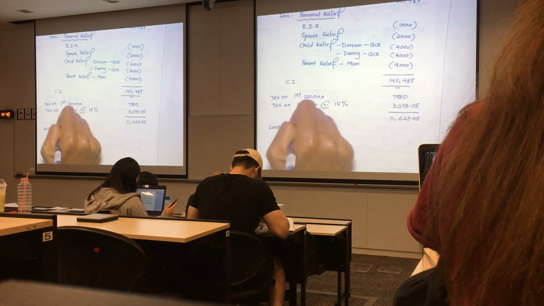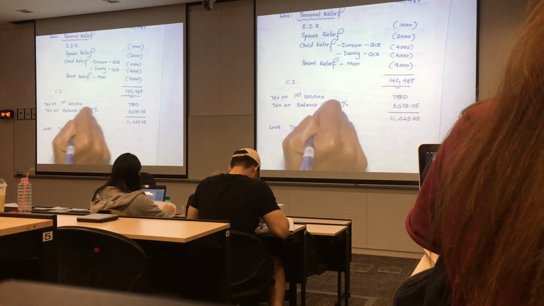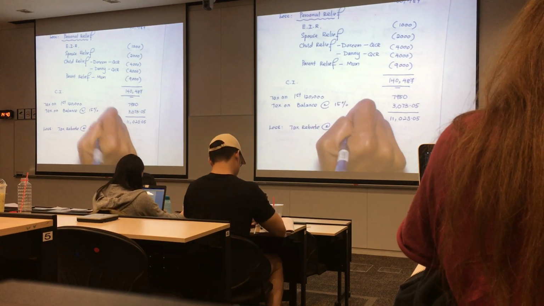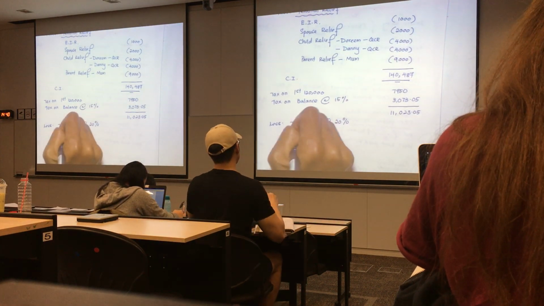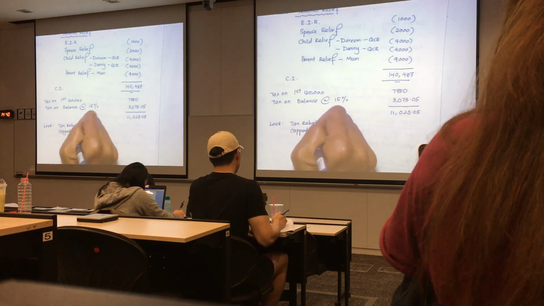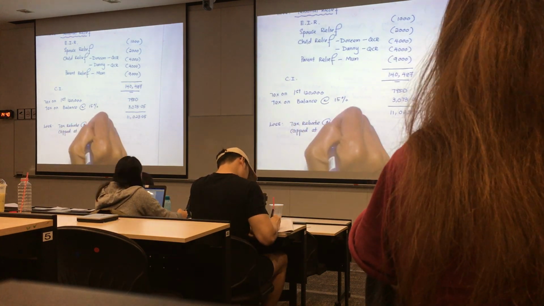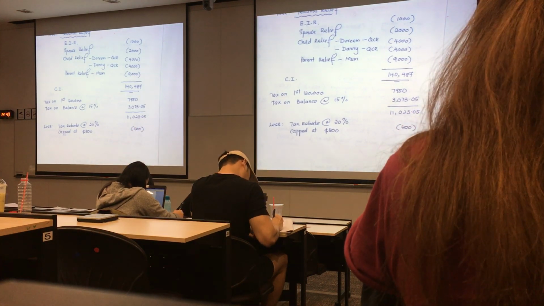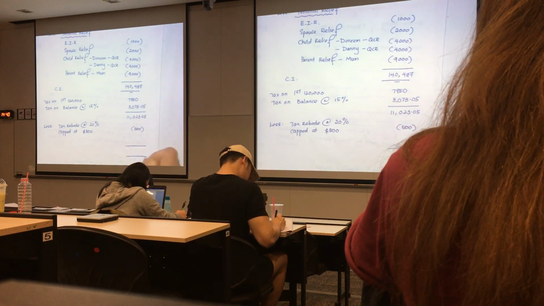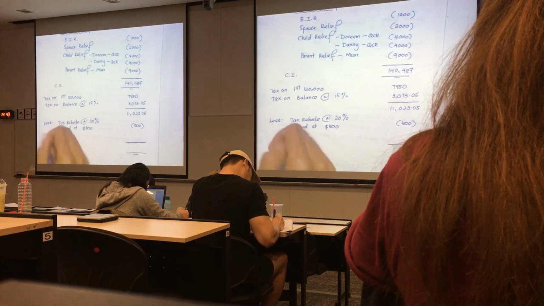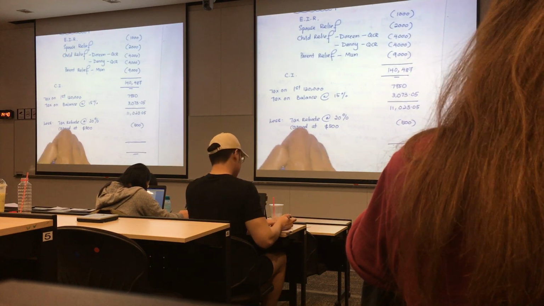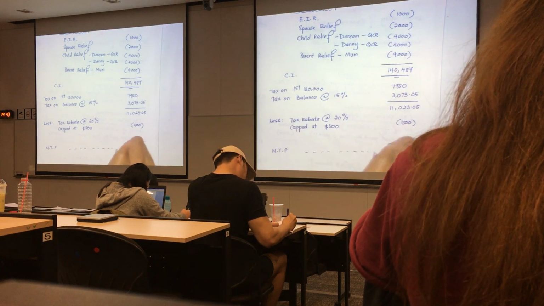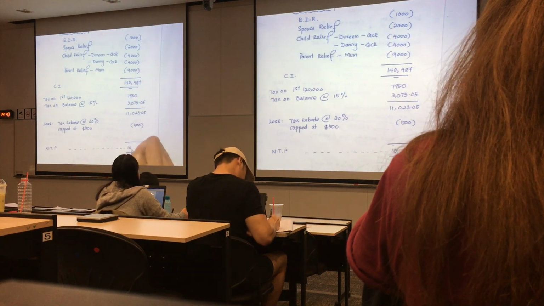A one-off tax rebate, which is 20% of the tax payable, but it is capped at 500. That's it. And giving you the net tax payable. Also so much.